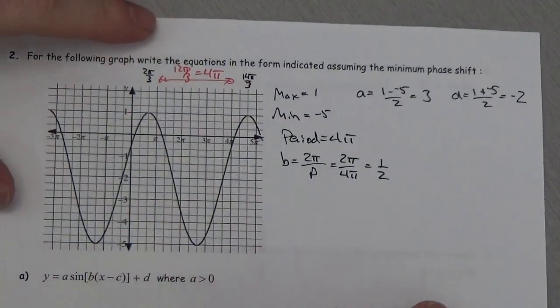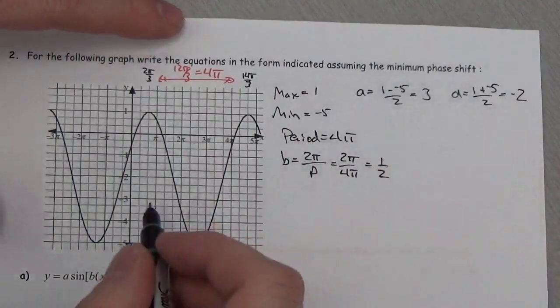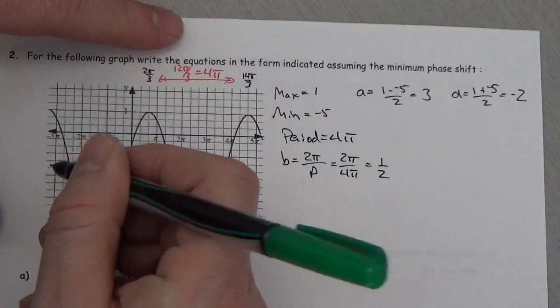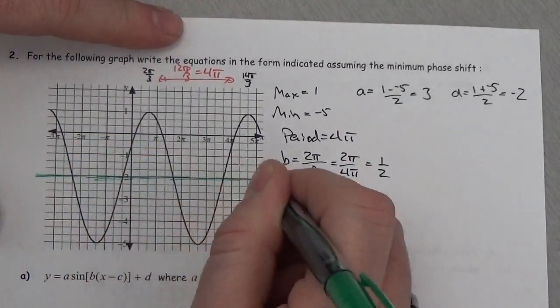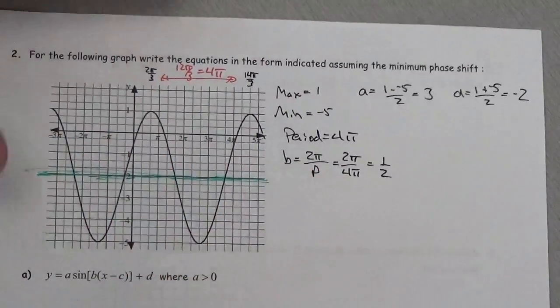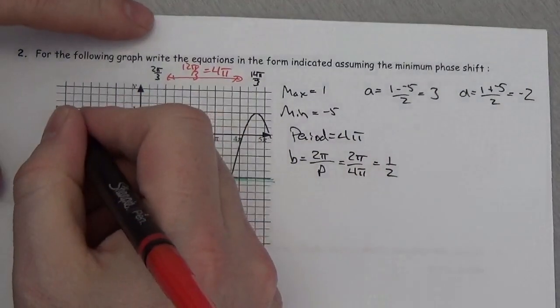Now, my advice to you is when you do this, identify where the D is. The D gives me my median, and that's the line that goes right down the middle of this. Okay, there's my D value. And when I do that, that helps me identify a whole series of points here. I've got a point here.